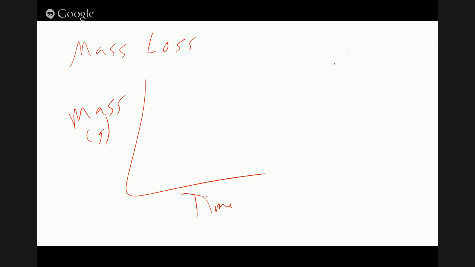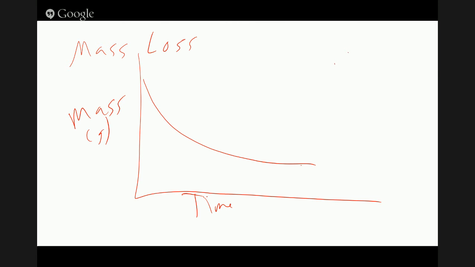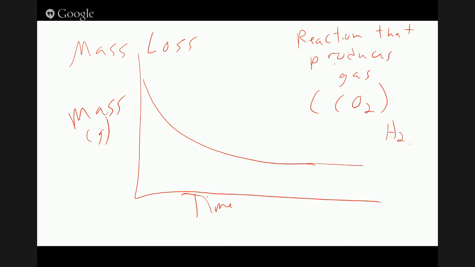This is time. And it'll look like this. It may not ever go to 0. This would be for a reaction that bubbles, that produces gas. And the gas that we should produce is CO2. Probably not a very good method for hydrogen, because hydrogen is so light, the mass loss won't be very high.